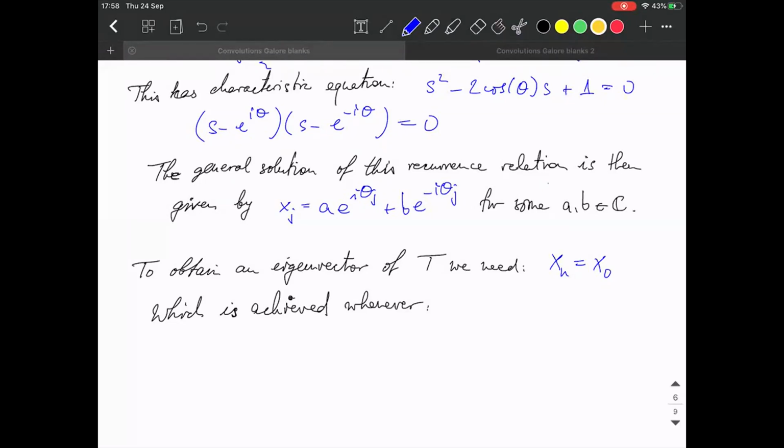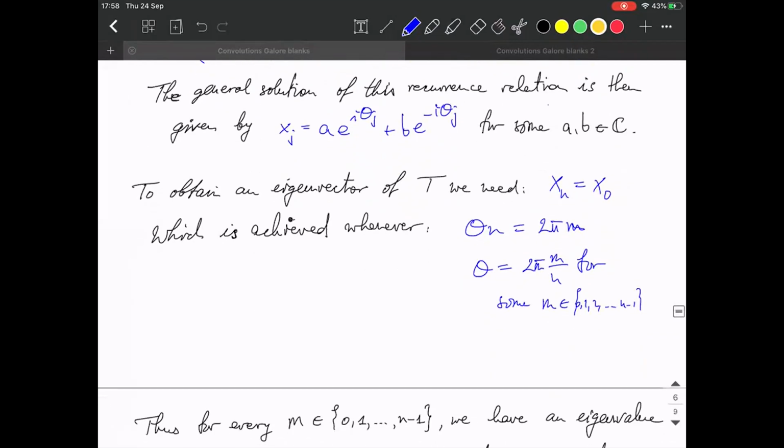And it is easily seen that you can achieve this if theta n is equal to 2 pi m for some m, or in other words, theta is 2 pi m over n for some m in 0 to n minus 1.